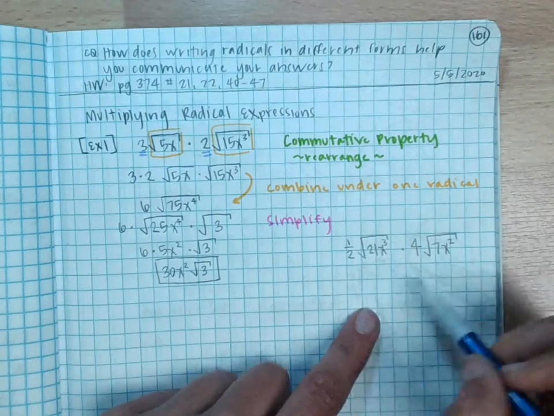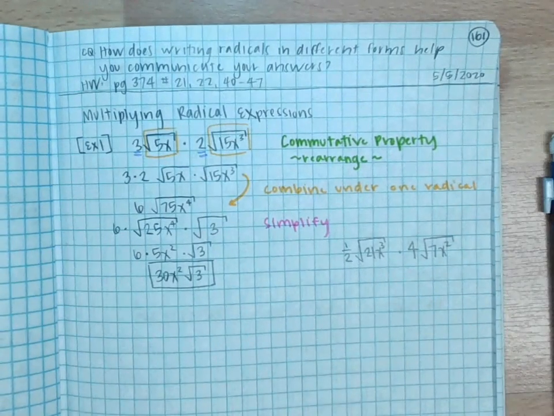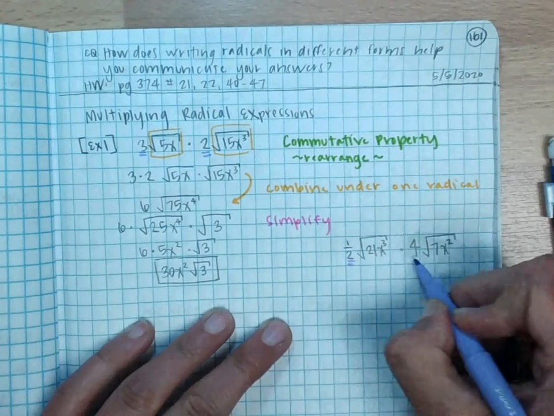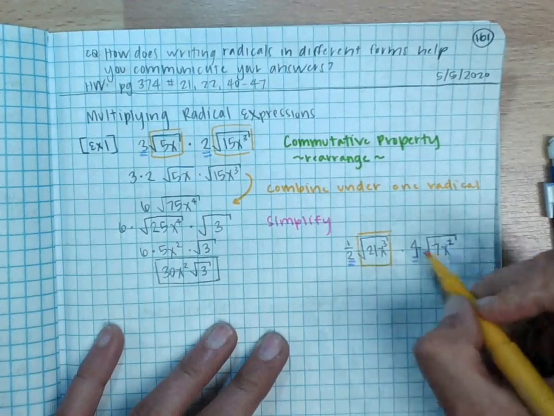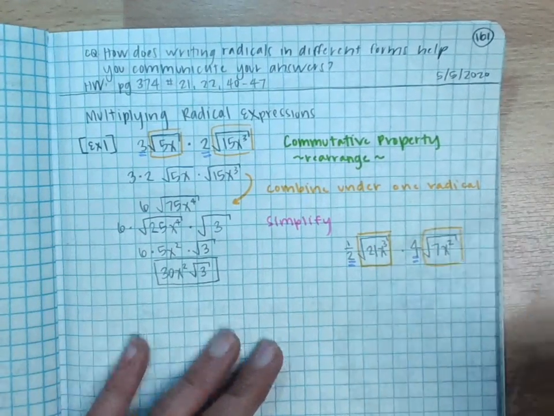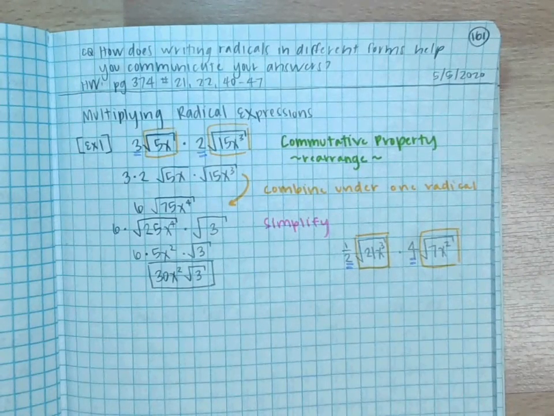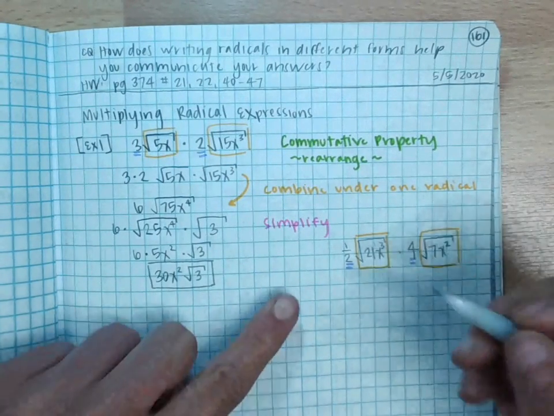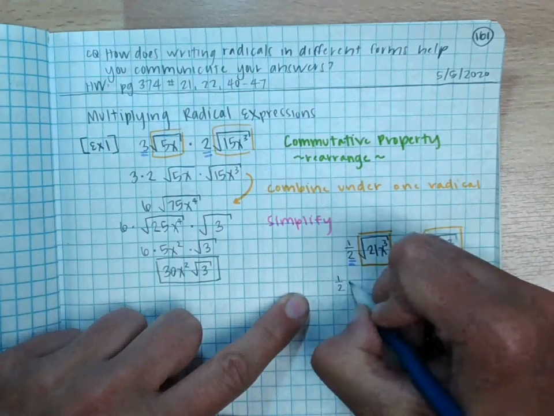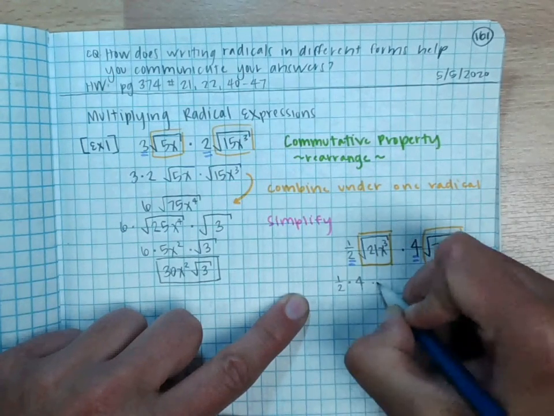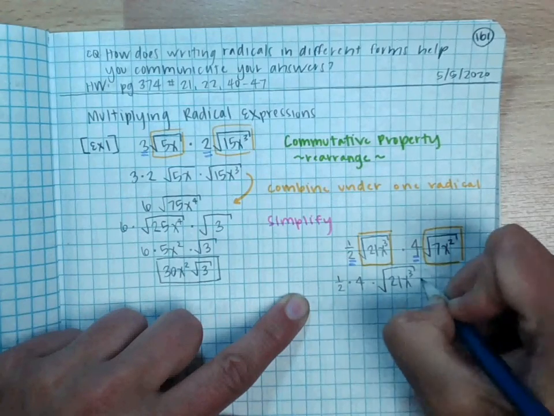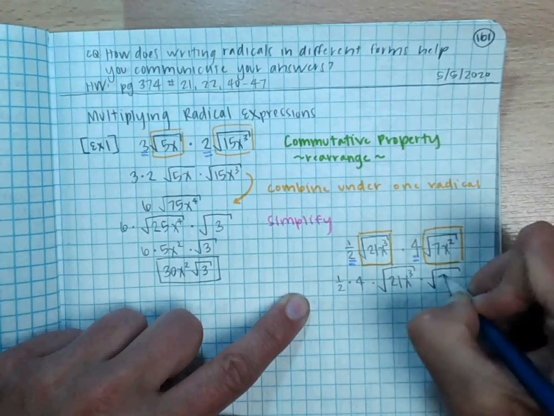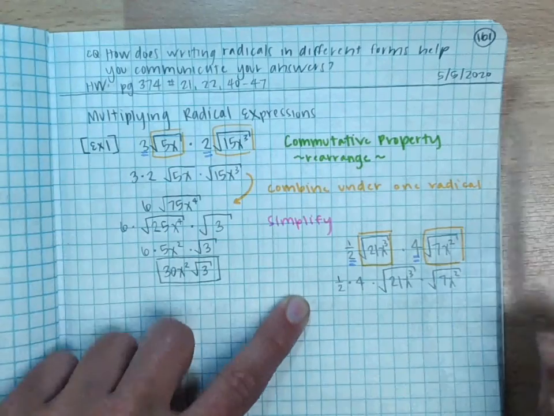Okay, so I'm going to rewrite it so that I have my numbers next to each other, and my radicals are going to be next to each other, and then I can combine them under one radical. So I have 1/2 times 4 times the square root of 21x cubed times the square root of 7x squared.